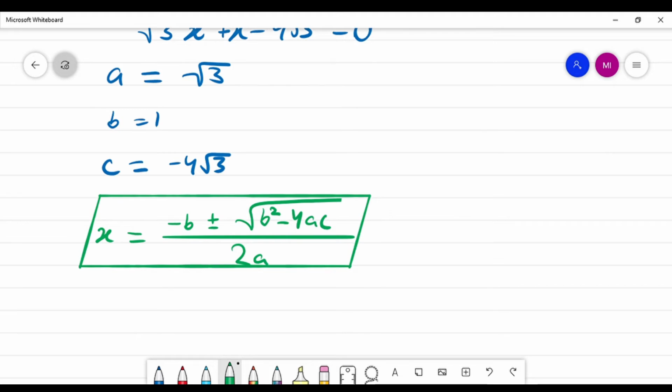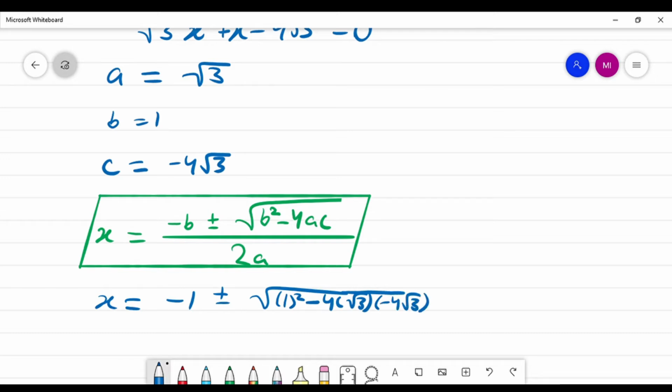That's the formula. Now let's put the values in this formula. x is equal to negative 1 plus minus under root of 1 squared minus 4 into a is under root of 3 into c is negative 4 under root 3, divided by 2 into under root of 3.